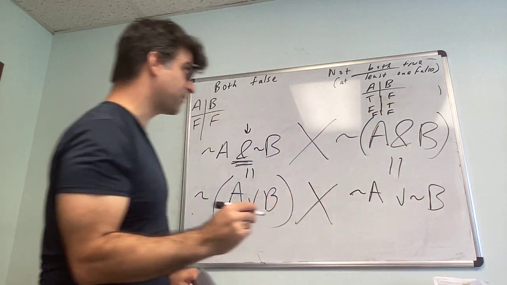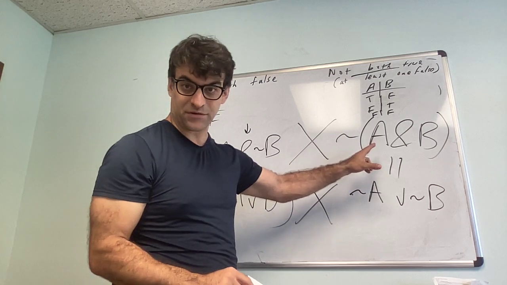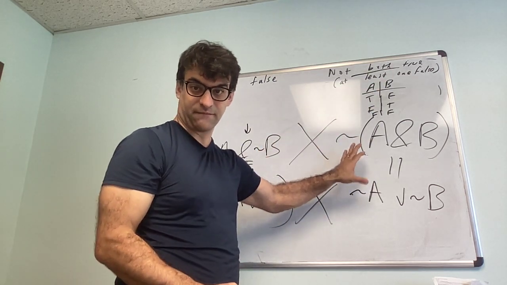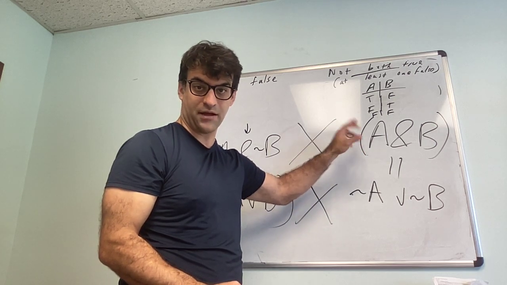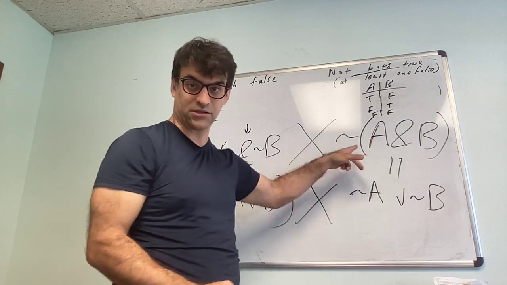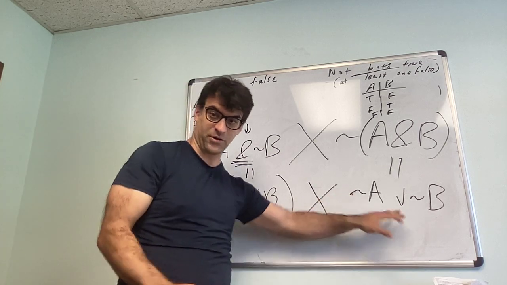It could be that they're both false, but this doesn't say that they're definitely both false. This says at least one of them is false. The and statement, that both of these are true, is false, i.e. one of the parts is false.